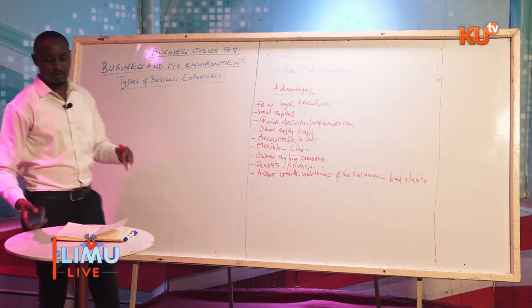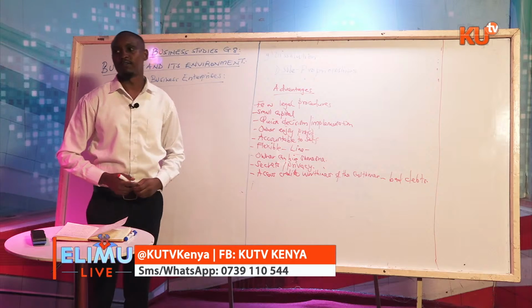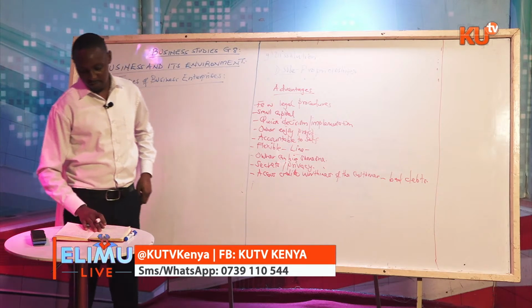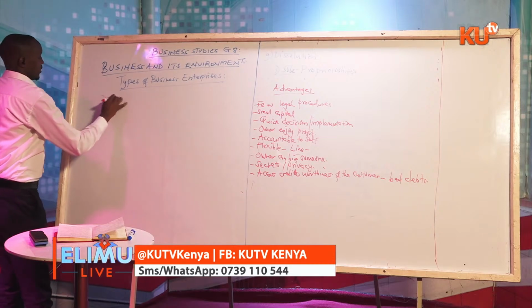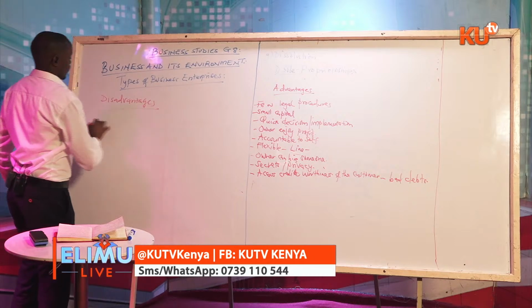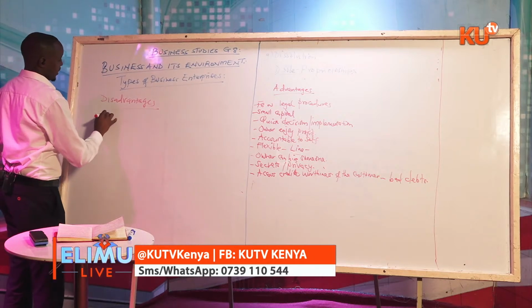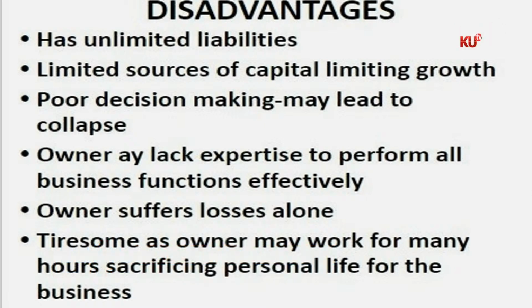So on the other side of the coin, we are able to look at the disadvantages vis-a-vis our advantages that we have here. And one of the major disadvantages is that the owner has got unlimited liabilities.